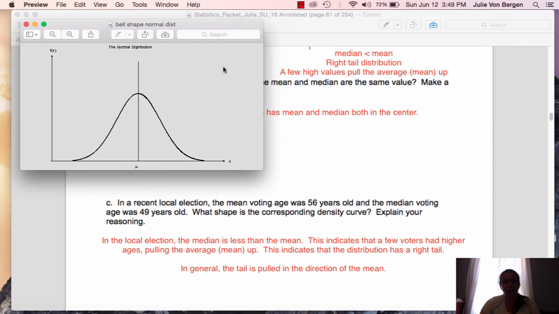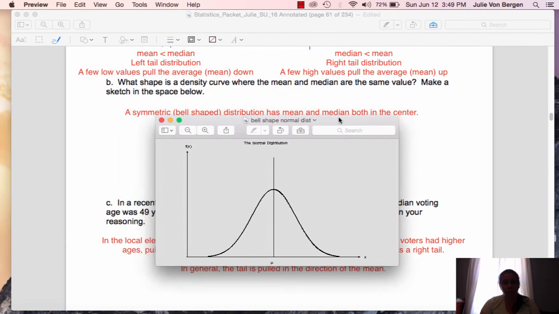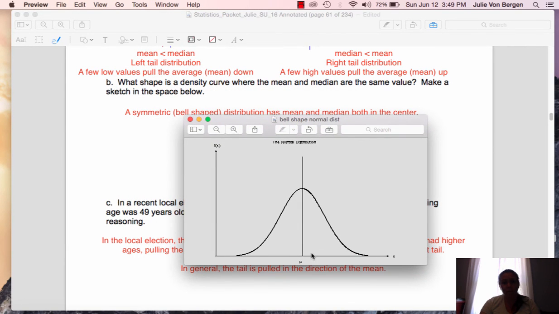Here's a picture of what a bell-shaped distribution would look like. See, here's our mean and median in the center, and you can even see, real small, this graph labeled it with the Greek mu down here. It's got balanced tails on both sides, so there's no pull in either direction. Take a minute and sketch a bell-shaped, sometimes called a normal, distribution graph on here.